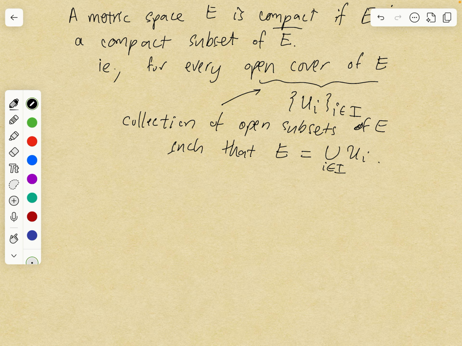So for every open cover of E, there is a finite subcover of E. So a finite subset of this open cover that is also a cover of E. Okay.